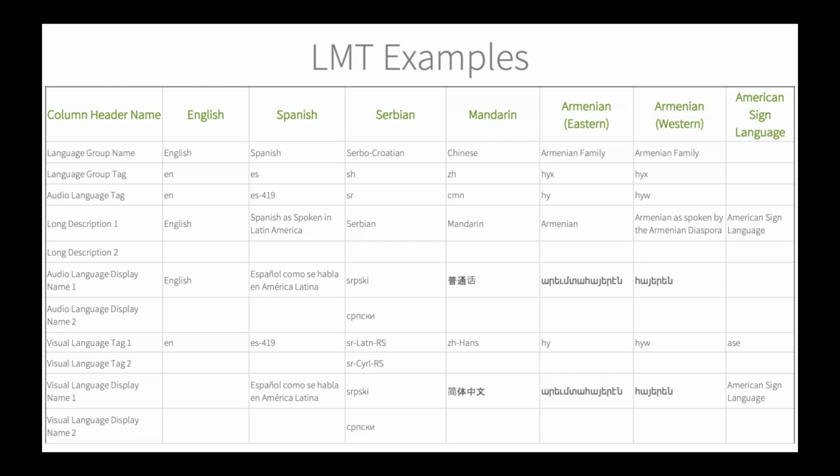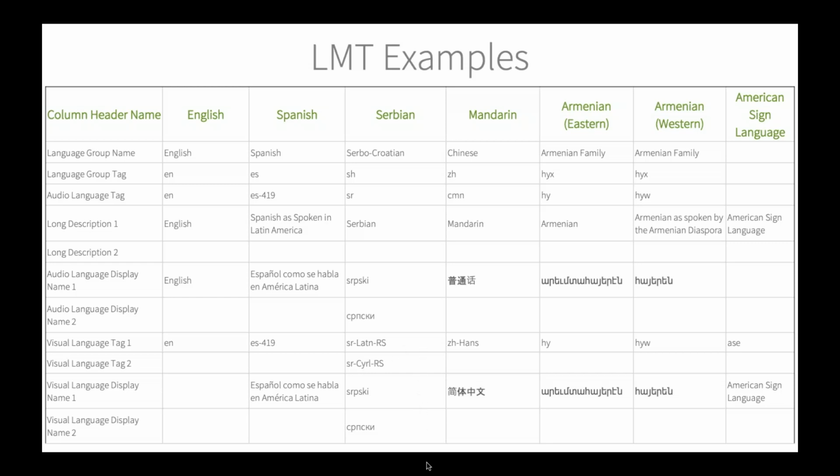Serbian was a challenge because it could be either, if you go down to, I don't know, my mouse. Over here, it's got Serbian SR with the Latin script as spoken in RS, the Republic of Serbia, but also in Cyrillic.